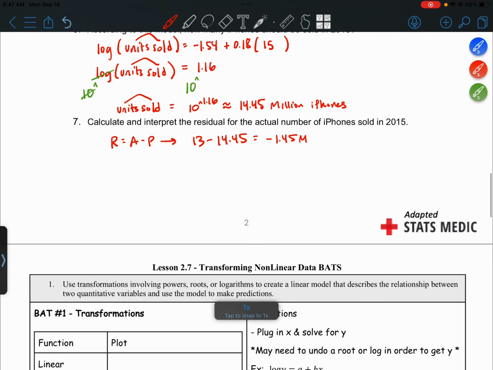I'm just going to borrow the sentence frame from one or two classes ago.